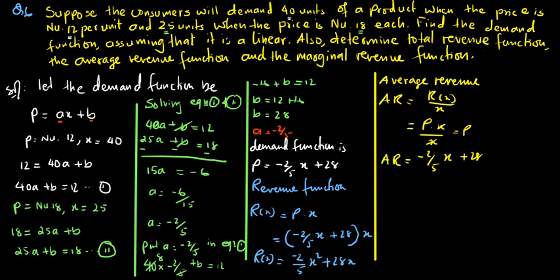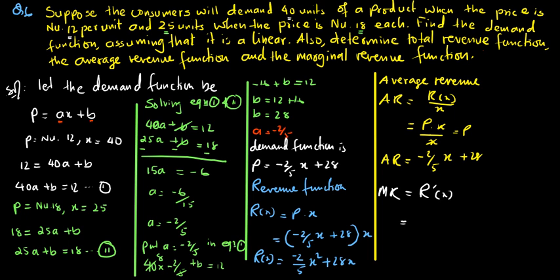So next is marginal revenue. Marginal revenue is the derivative of total revenue, R dash of X. So we already have the revenue here.